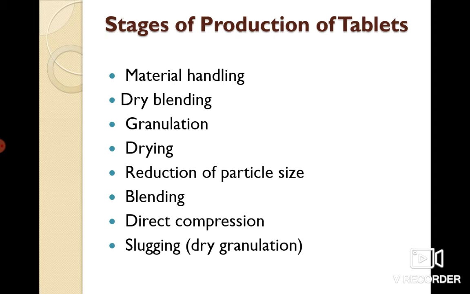Any material handling system must deliver the accurate amount of ingredient to the destination. After that, there is drying, blending, then granulation, drying, reduction of particle size, blending, direct compaction and slugging, which is also called dry granulation.